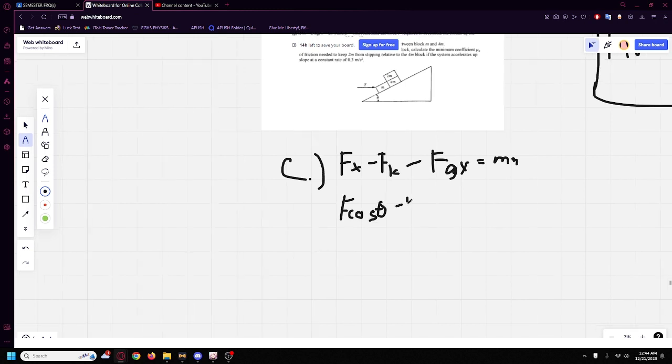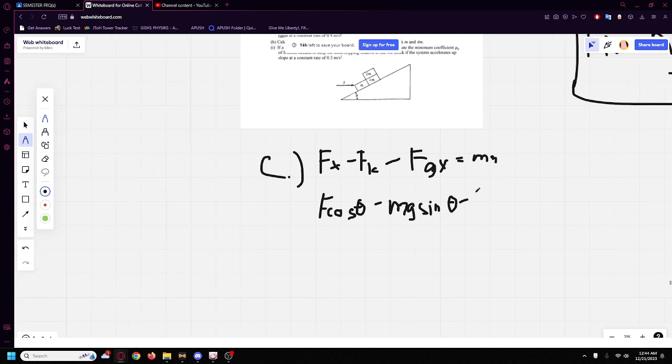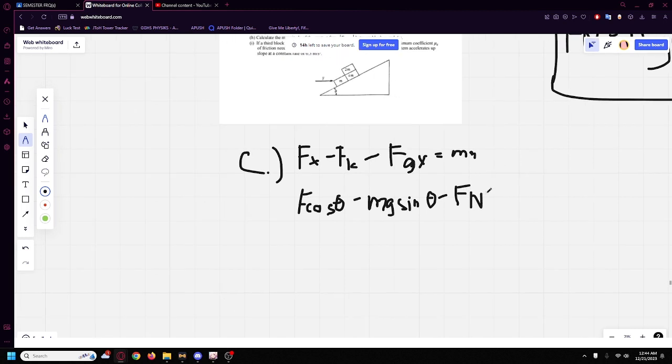F_gx is the same thing as mg sine theta. And F_k is the same thing as F_N mu_k. So we know that, and that's equal to ma.